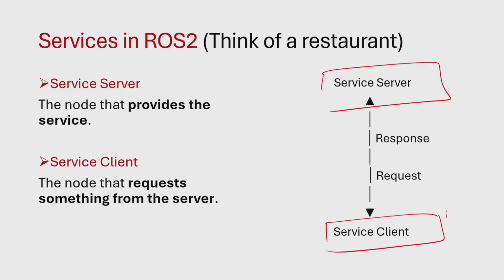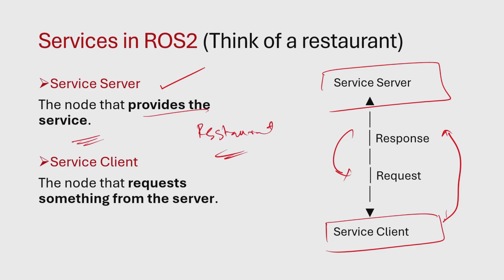So you would request a service and then they would respond to you. When we create services in ROS2, we actually have two major concepts. One is the service server, the node that provides the service, for example, the restaurant. The other is the service client, the node that requests something from the server. That would be you.